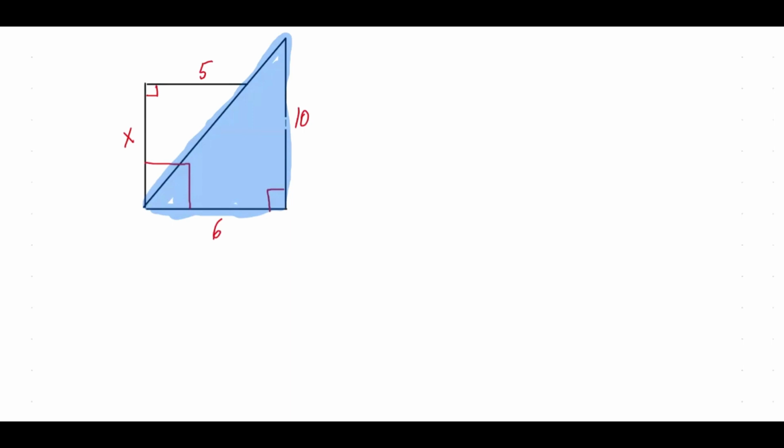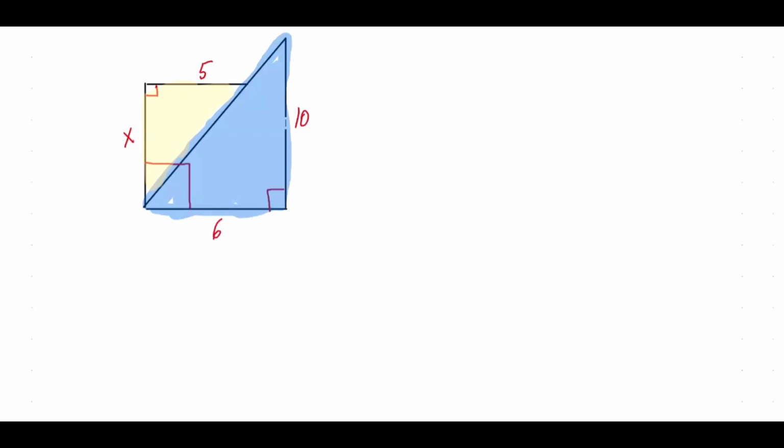Let's use yellow. If you look at the yellow triangle, actually it's like pinkish beige. If you look at the beige triangle, it's not enough information, right? We can't find one missing side knowing just one side. We cannot apply the Pythagorean theorem. We cannot use trigonometric ratios because we don't have any angles given.